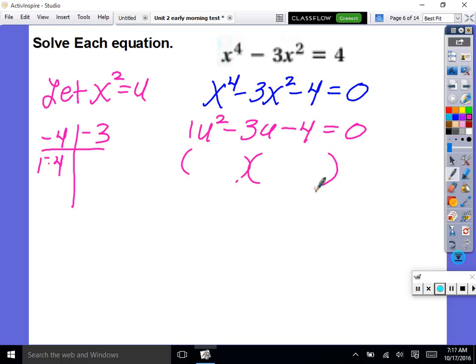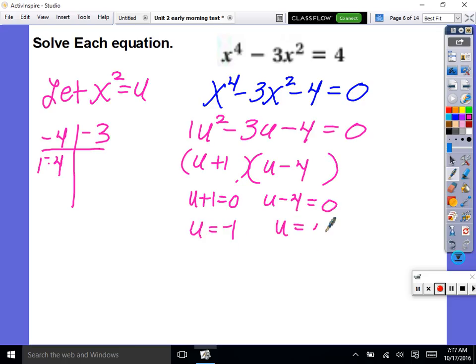So this will be u plus 1, u minus 4. A lot of people mess up on this one because they get too ahead of themselves, too sure of themselves. So u plus 1 equals 0. U minus 4 equals 0. So we get u equals negative 1. We get u equals 4. So then we've got to say x squared equals negative 1. X squared equals 4.